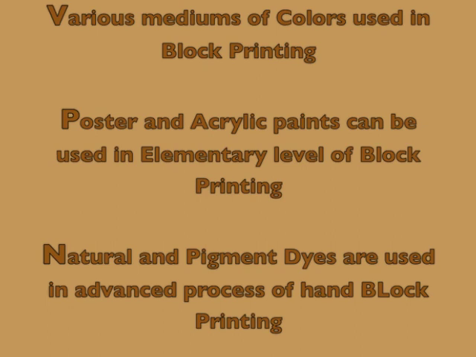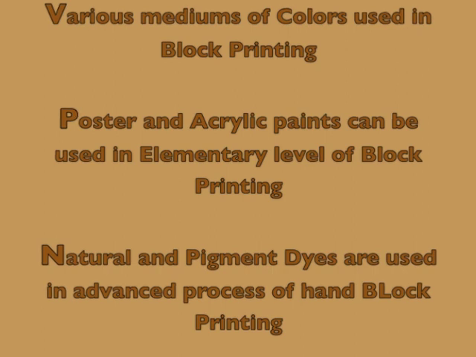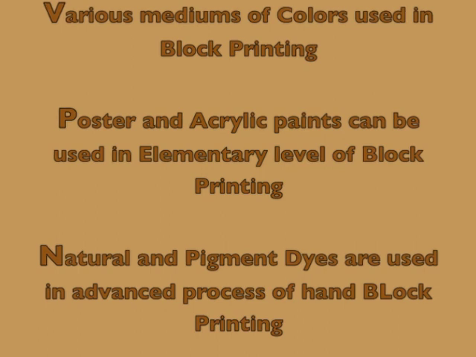Most of the colors we had used were ready-made in bottles, and the acrylic colors were also ready-made in bottles, which we just took out from the bottles and applied on the blocks, whether they were made out of potato, matchsticks, cork, sponge, or the various vegetables.